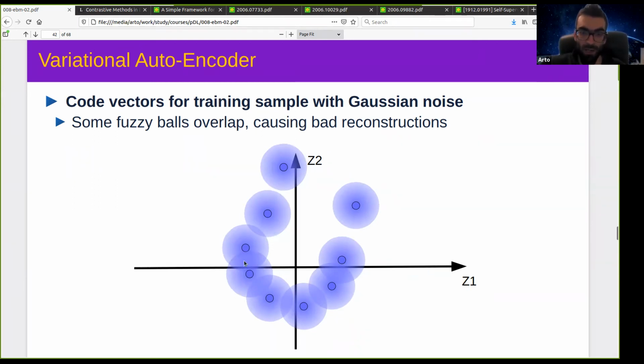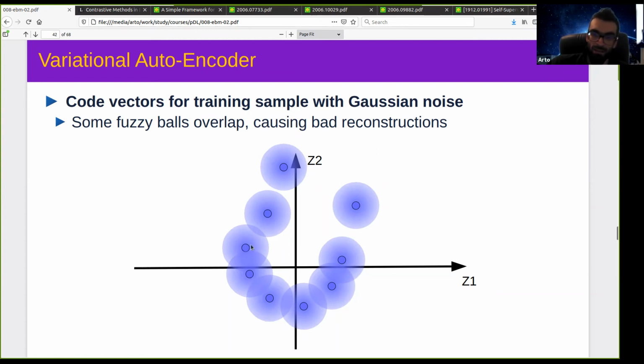we have a bad reconstruction, because we want different reconstructions for these two data points, but for example we can sample a z which corresponds to this data point here, and it will probably be reconstructed to this one, right?